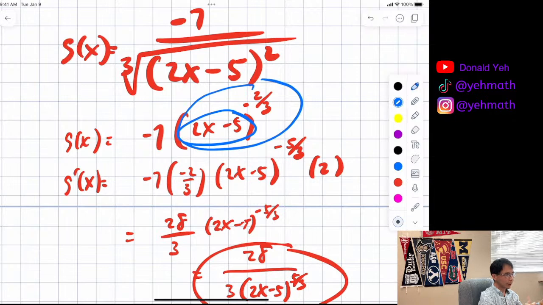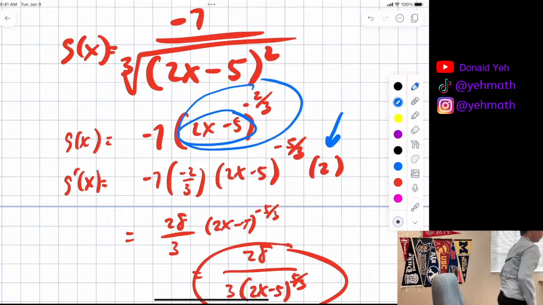So outer function is gonna be negative 2/3 times negative 7 times 2x minus 5 to the negative 5/3, because you gotta subtract 1 times the derivative of the inside. Most people forgot this. Any other power. So let's just say square.